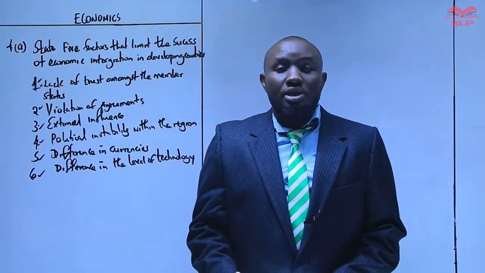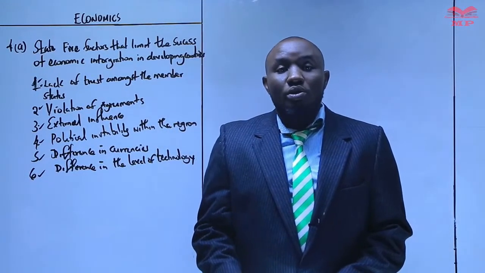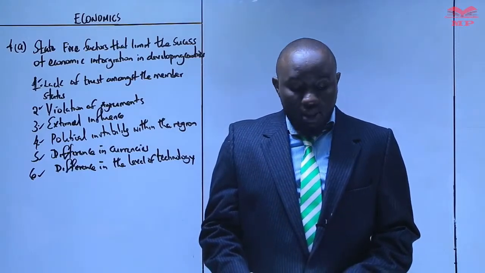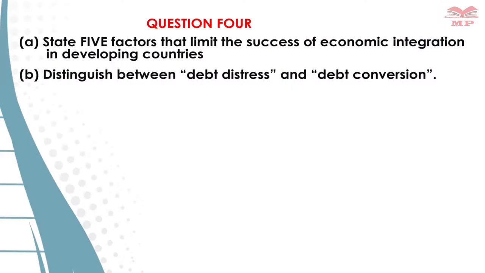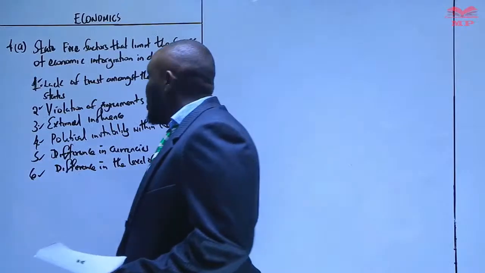We pick it up on the next question, still on question 4, Roman B. This is what the question says: distinguish between debt distress and debt conversion. So we put it down on the board.